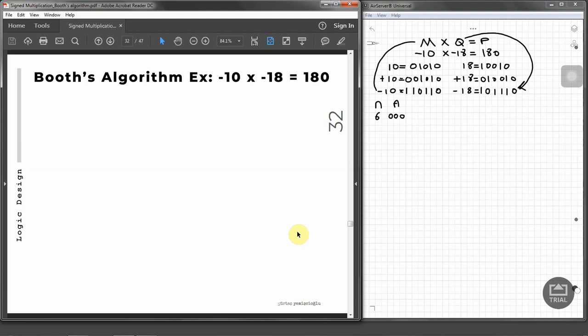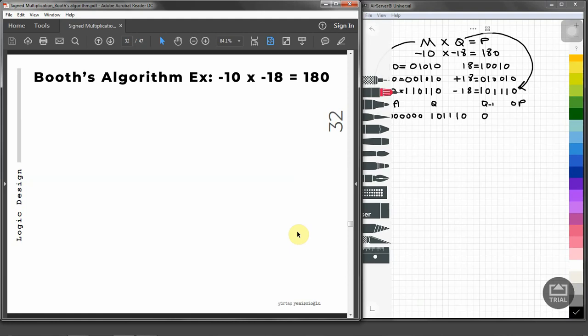So that's A. And then Q, it's minus 18, which is 1 0 1 1 1 0. And our Q minus 1 is going to be initialized as 0. And then we have got the operation, which we are going to perform. Now, we are ready, we initialized it, and we can start comparing the bits.